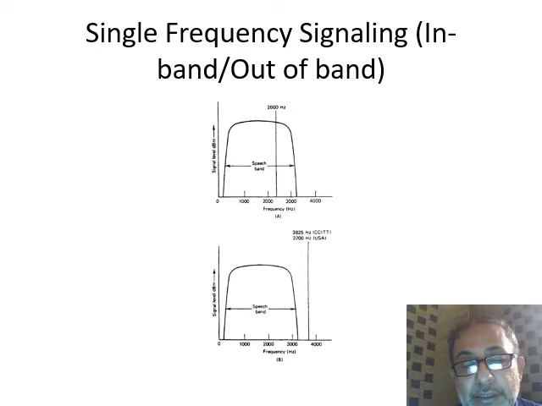Diagram A shows in band signaling with the 2600 Hz, which lies in the speech band, while diagram B shows the usage of 3825 Hz or 3700 Hz. 3700 Hz was used in the USA, while CCITT, which was basically monitoring the European standard, used 3825 Hz, which was beyond the speech band.